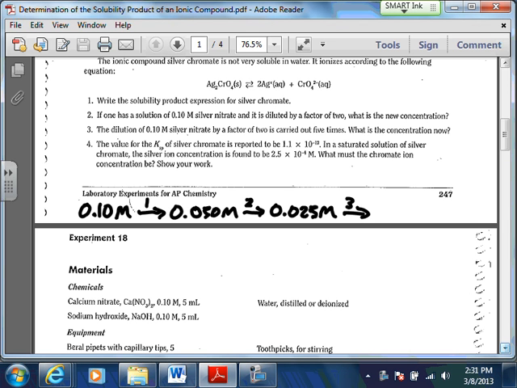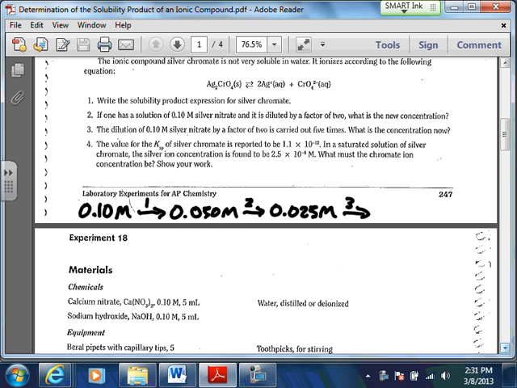The other thing you can do is, because it's going to cut in half 5 times, take 1/2 to the 5th power, or 0.5 to the 5th power, and multiply that by the original concentration, which is 0.1.